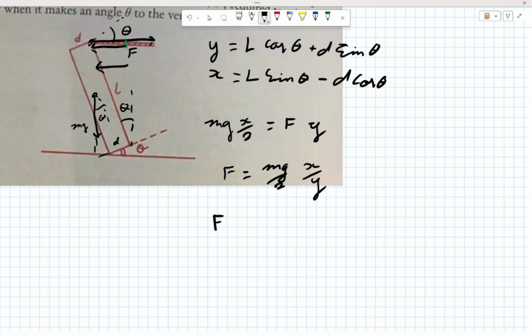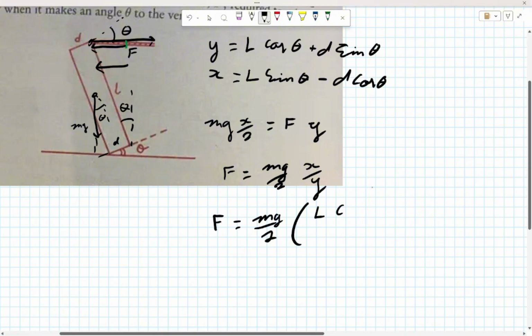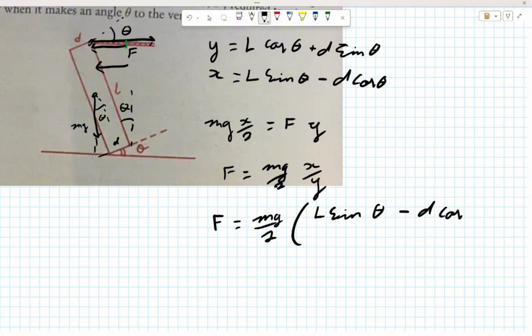We have F equal to mg over 2, brackets, over x, which is L sine theta minus d cos theta. Then we have y, which is L cos theta plus d sine theta.